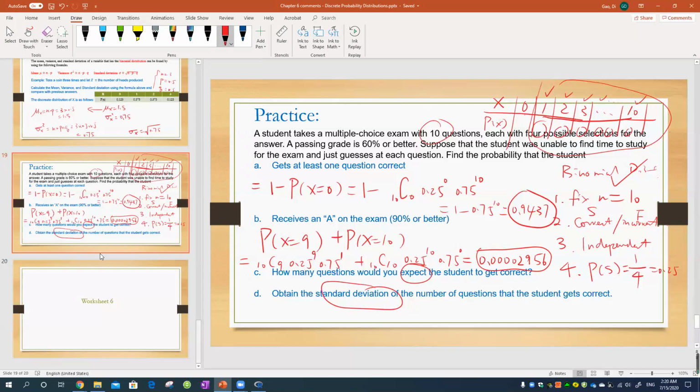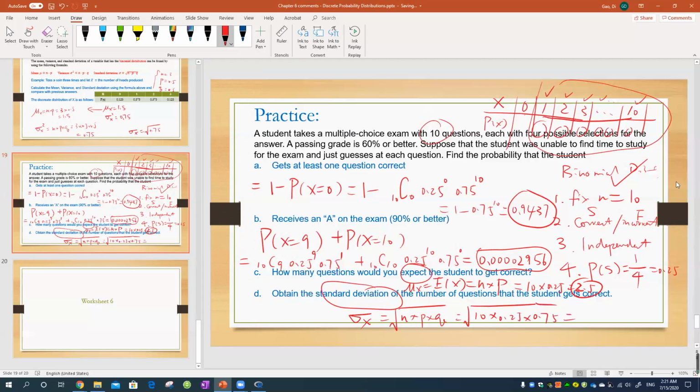And then, how many questions would you expect? Expectation is the same as the mean. So the expected value of x equals n times p, the mean mu of x. That's 10 times 0.25, which is 2.5. So the student is expected to get 2.5 questions correct. That's the expectation. And then the standard deviation, sigma of x, equals the square root of n times p times q, which is the square root of 10 times 0.25 times 0.75.